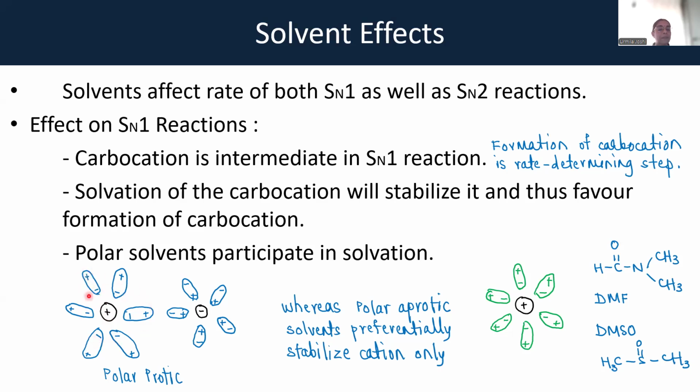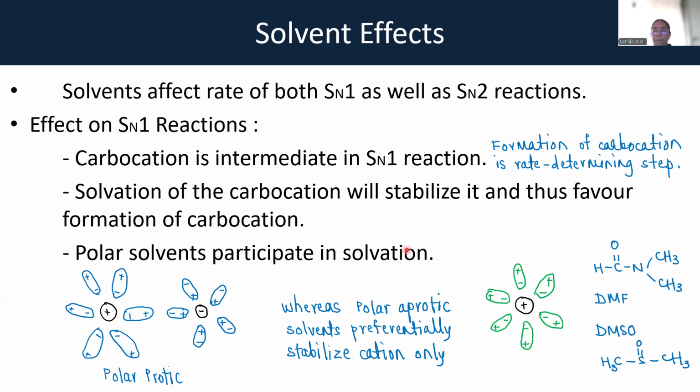This is something similar to micelle formation that you may have learned. Now, the net result is carbocation is stabilized by polar protic solvent, and therefore polar protic solvents favor the formation of carbocation and favor the rate of SN1 reaction.